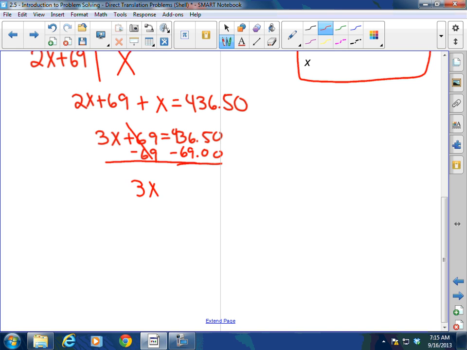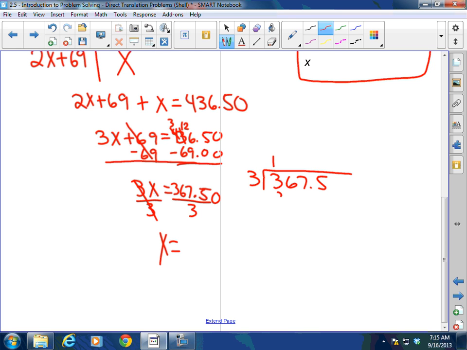It cancels. 3x equals, you've got 0, 5, you've got 7, you have to borrow. So that's 6, and that's 3. Divide by 3. Okay.